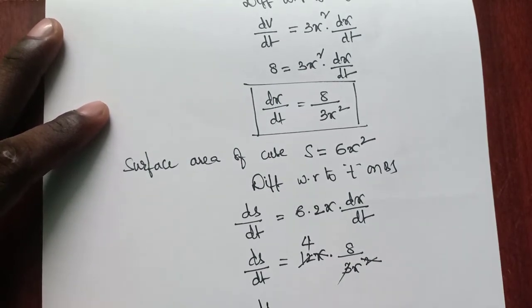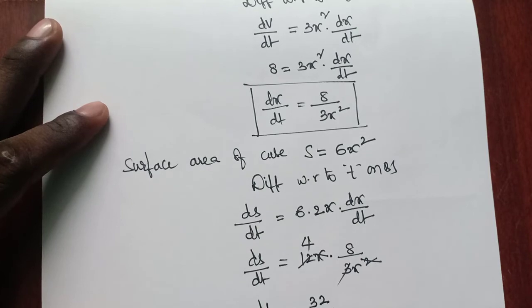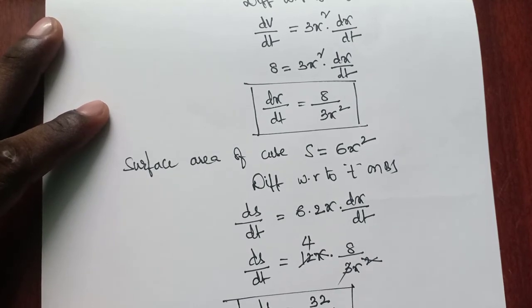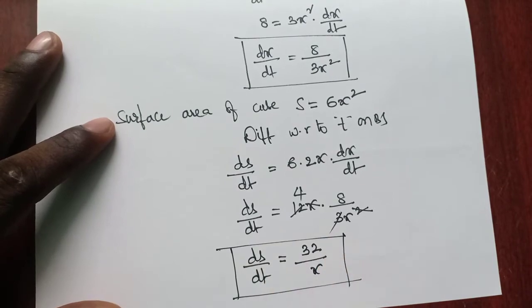So ds by dt is 8 fours are 32 by x. So ds by dt is 32 by x.